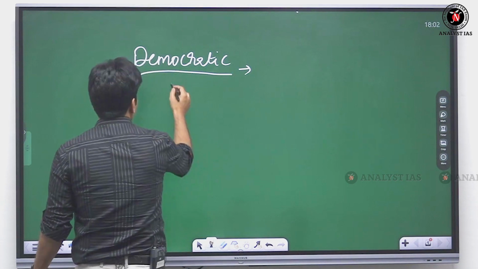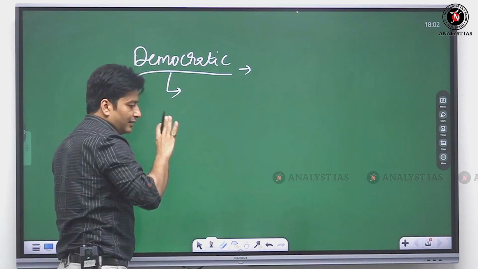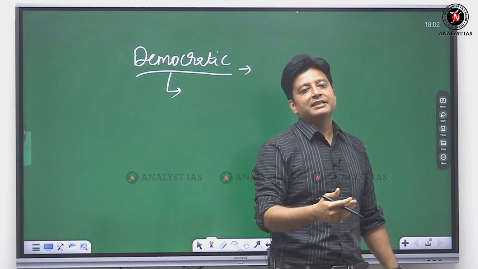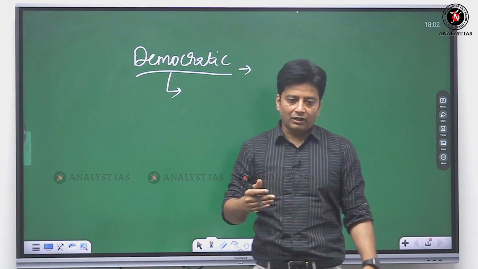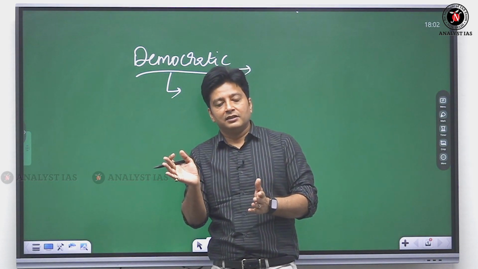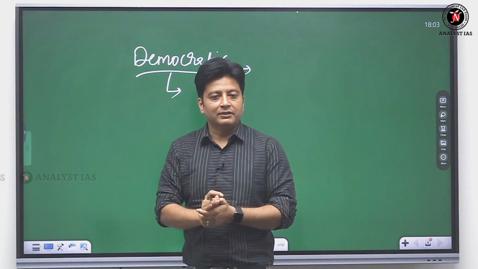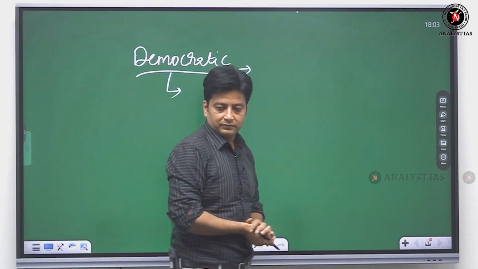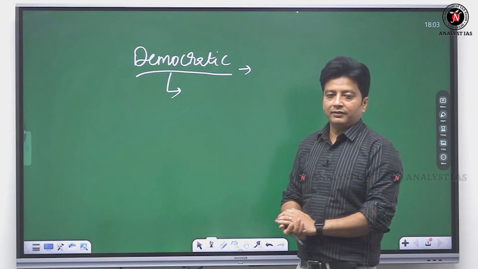Okay. Now, democracy simply means a system wherein people's representation is there. Now, out of democracy, we have many other comparative senses, or the opposite senses also, like monarchy. In monarchy, what do we have?